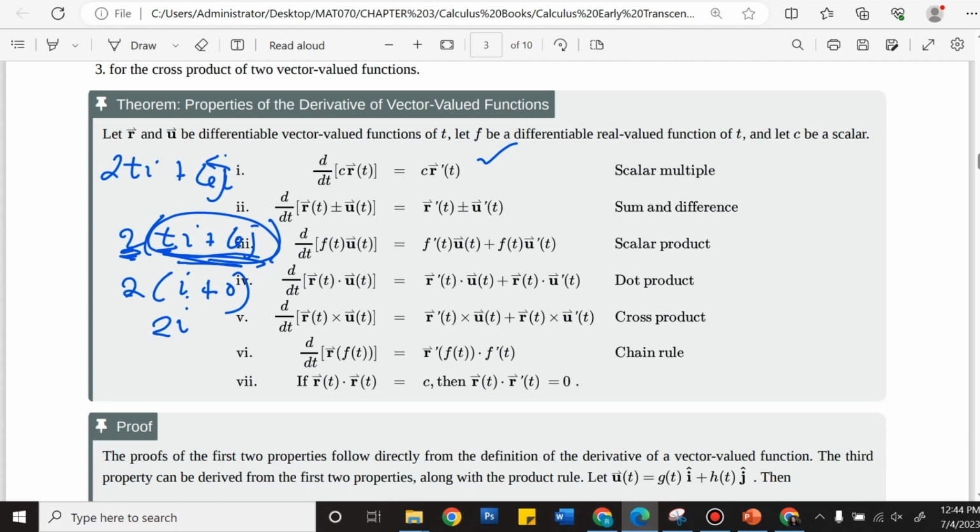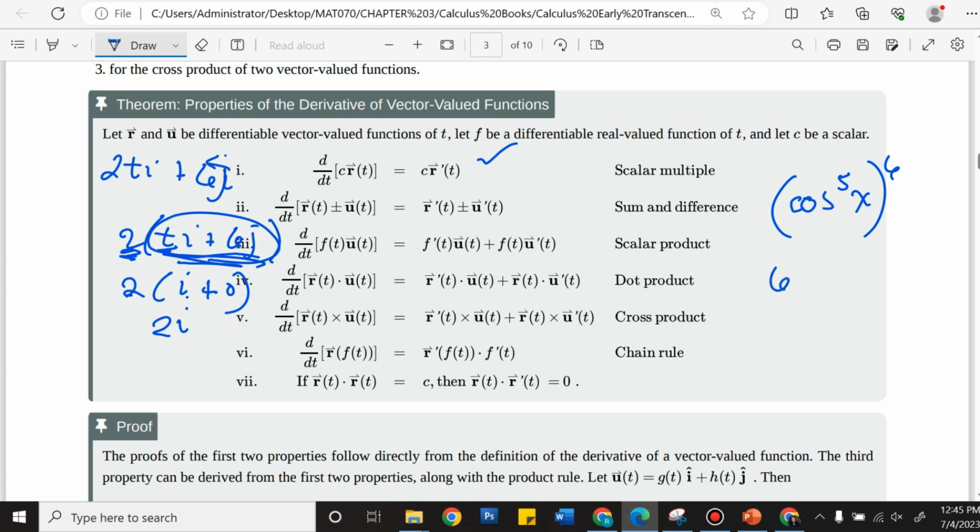For the fifth, we have the cross product. Similar process, naka-cross product lang diri class, not the dot product. Okay? For the sixth, we have the product of the vector and a function. This is the chain rule lang gihapon, class. For example, cosine raised to 5 of 2x, to the 6.